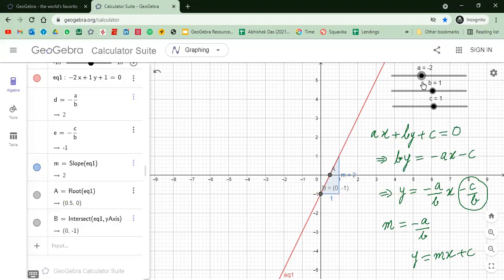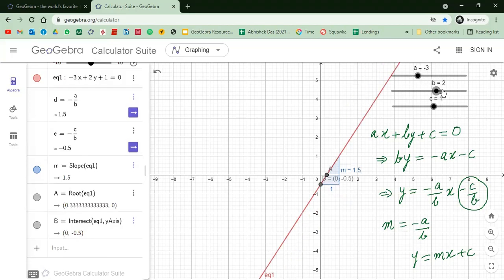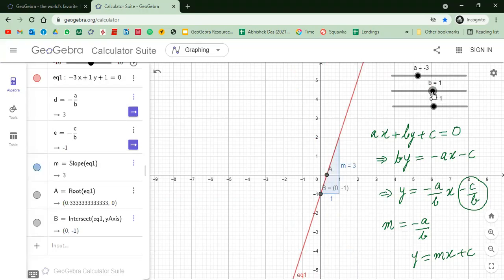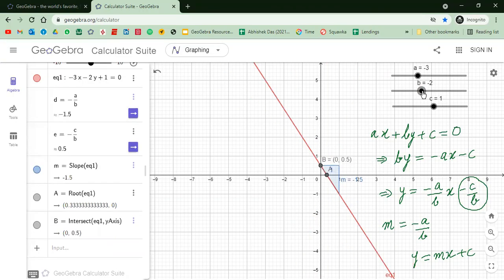I have taken a to be equal to 3 and b to be equal to minus 2. You can see that the slope is negative 1.5. And you can see out here, when you do d equal to minus a upon b, you also get minus 1.5.